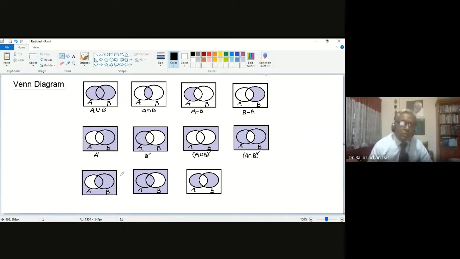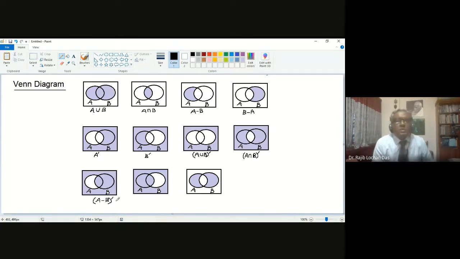Yes, sir. Now the last line, what is this? This is A minus B, then whole prime. A minus B is the white part. This is not taken, that is why white. And the color is outside of A minus B. So it is A minus B prime.